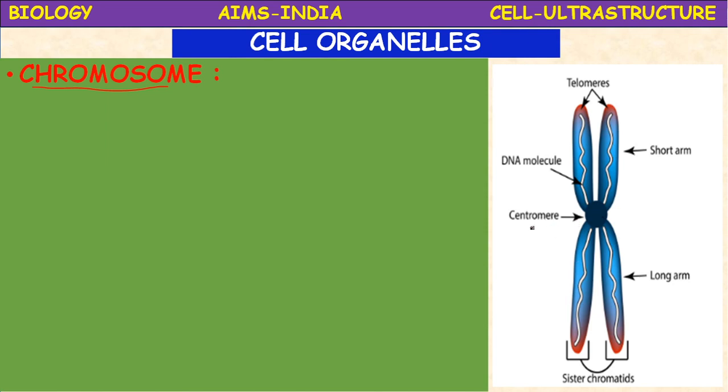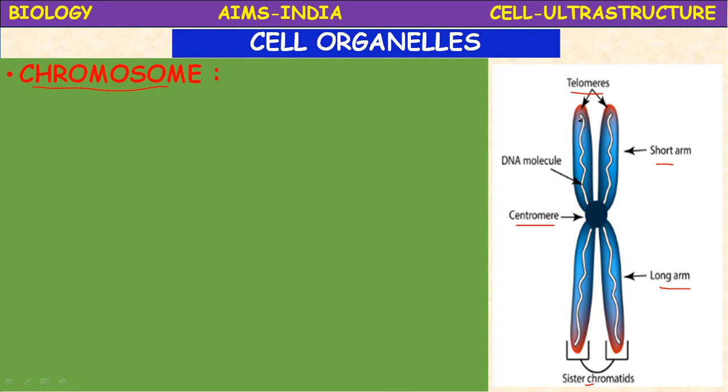They contain a centromere, and two arms are present, a pair of arms, short arm and long arm. And these arms are called the telomeres and sister chromatids, on either side.